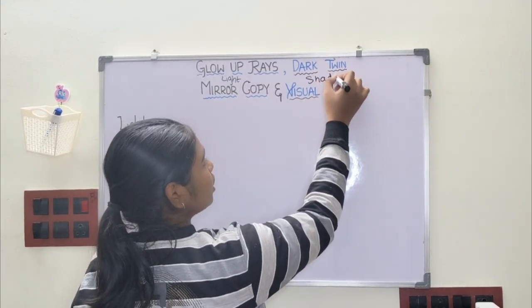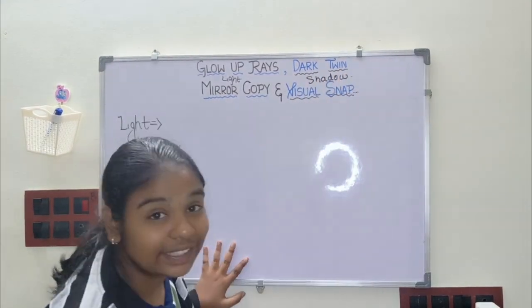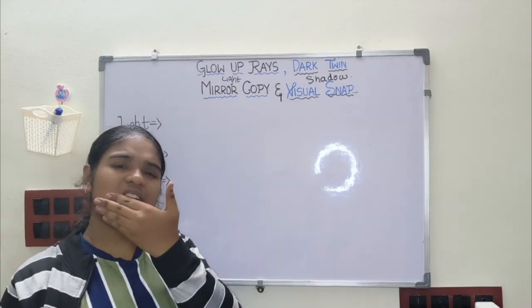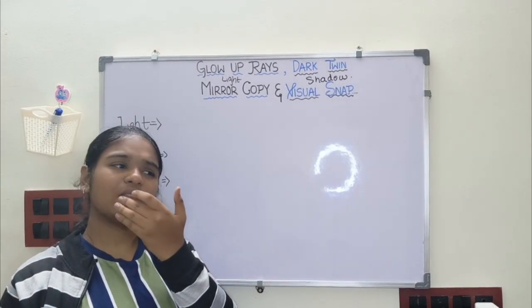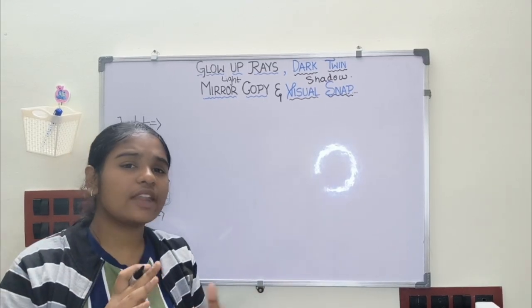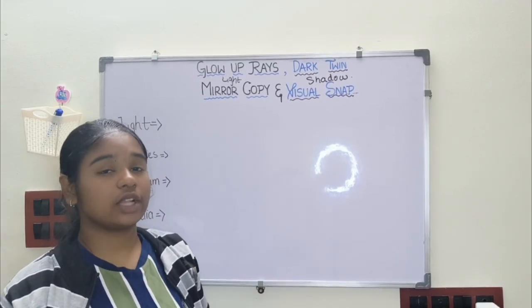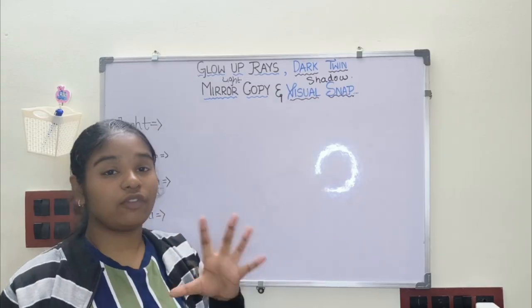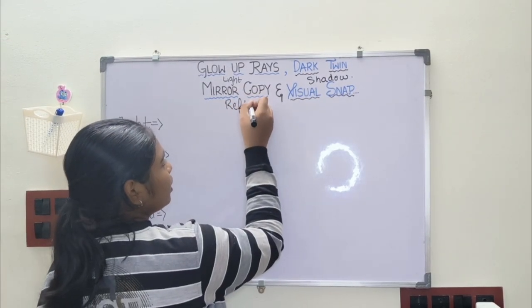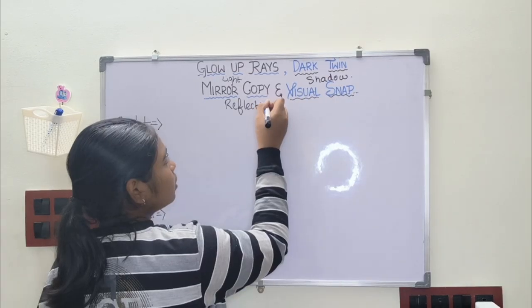So light, shadow, mirror copy. What does mirror copy mean? That means when you stand in front of a mirror, you see yourself. It means reflection.